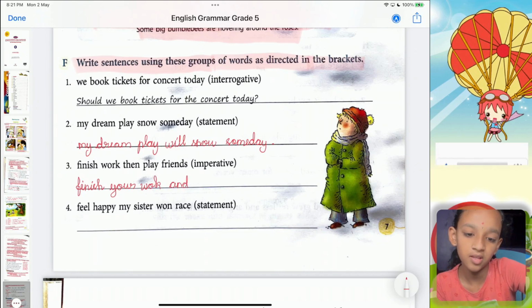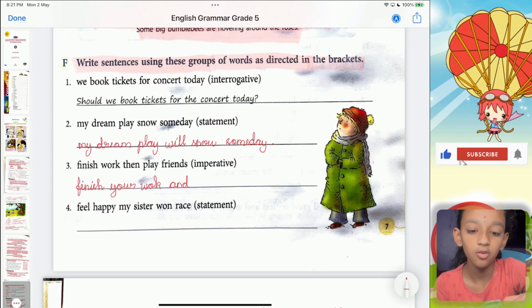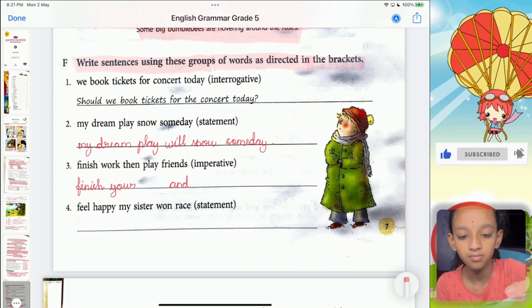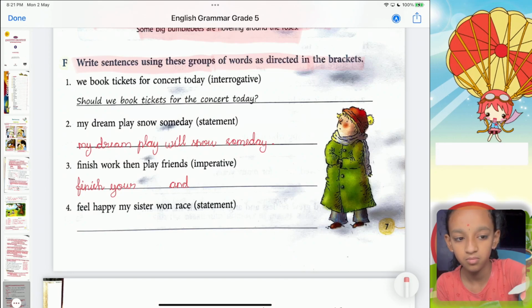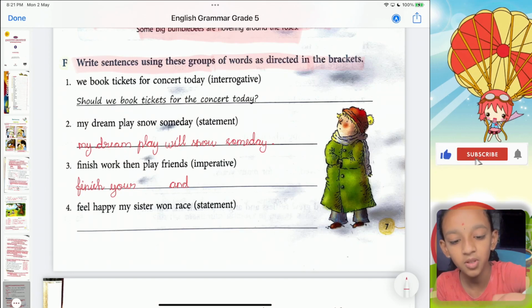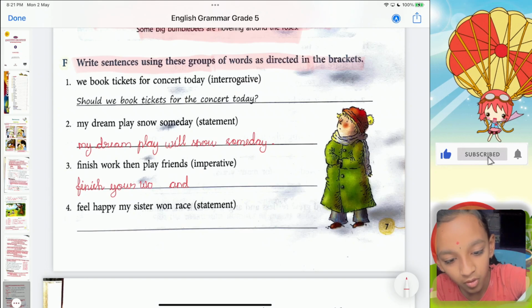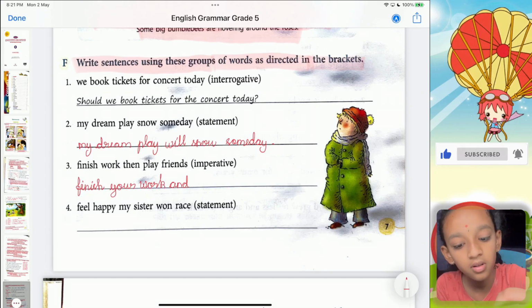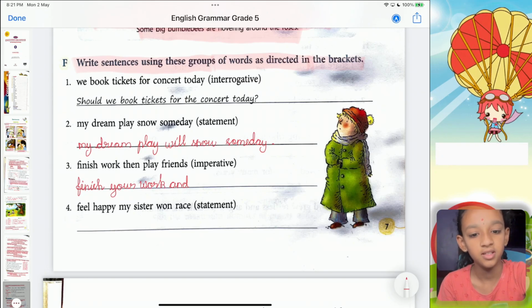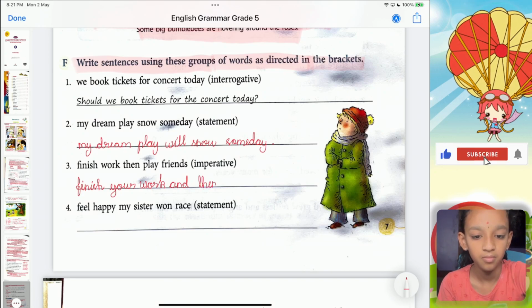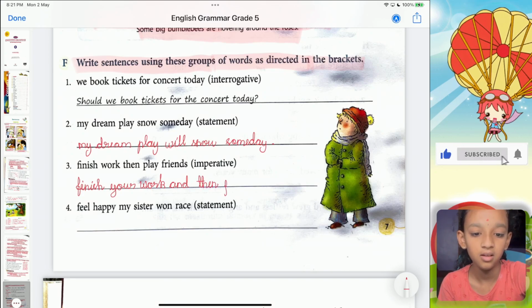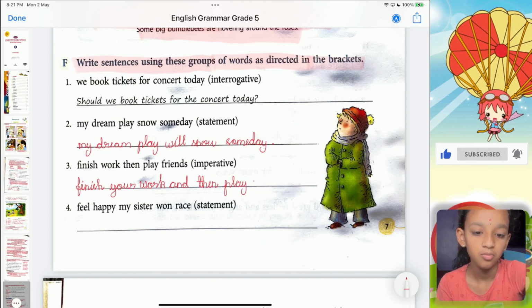The work spelling is wrong. And then play with your friends.